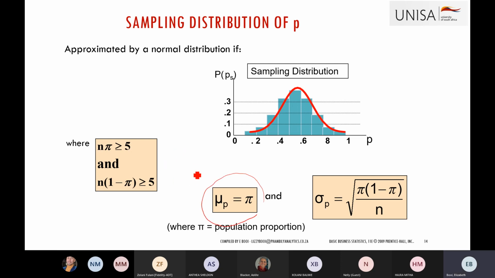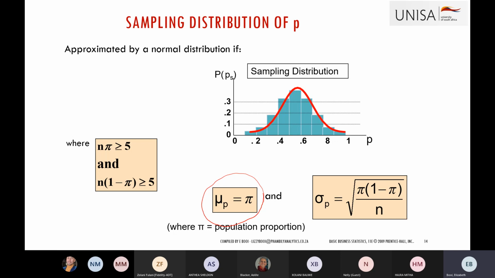The mean of a sampling distribution of proportion is the same as your population proportion, and your population proportion will always be given to you in the statement.